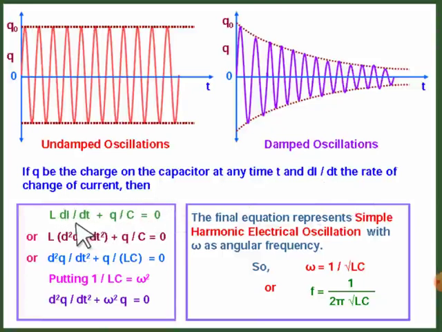Then we know that, in LC oscillations, the induced EMF that is developed in the inductor will be equal to the potential difference developed inside the capacitor, onto the plates of the capacitor.